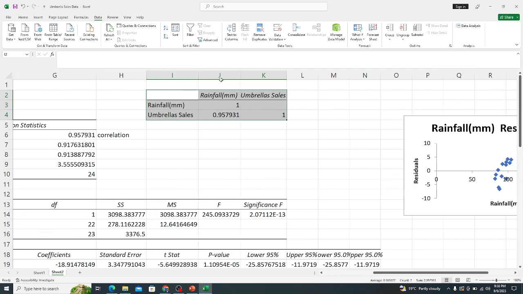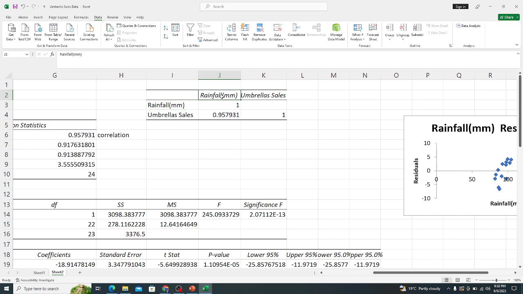We are getting what is called a correlation matrix. For example, if we get the correlation between rainfall and rainfall itself, definitely we'll have a perfect correlation, because rainfall will 100% explain rainfall.